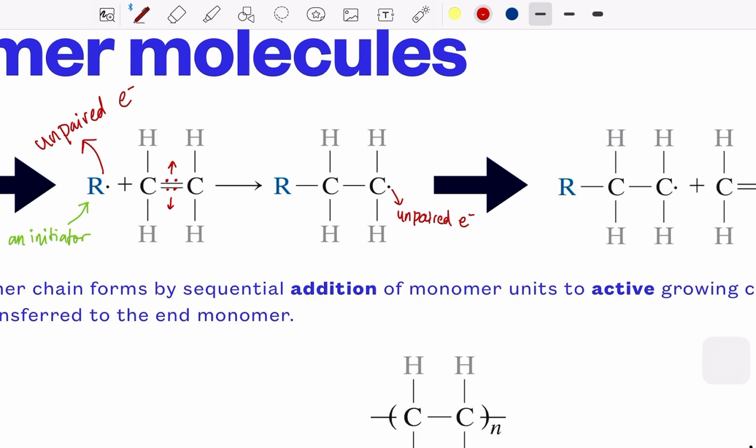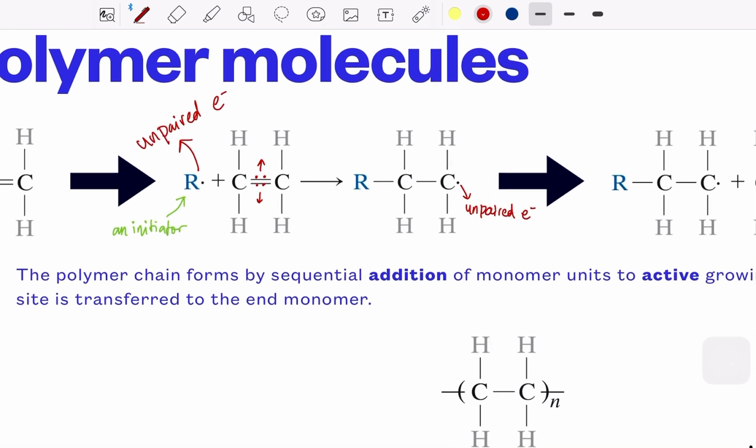And in the process of polymerization, the monomer is not a single monomer, right? There are many monomers. So the unpaired electron also looks for other ethylene, other double bonds, and they found one. And then it keeps adding, and that's why the name is addition polymerization. It is formed by sequential addition of monomer units.